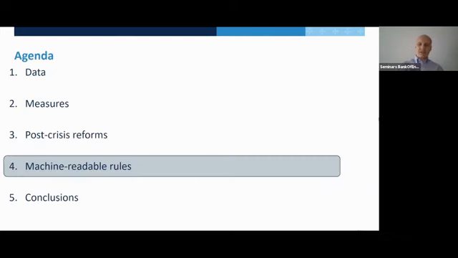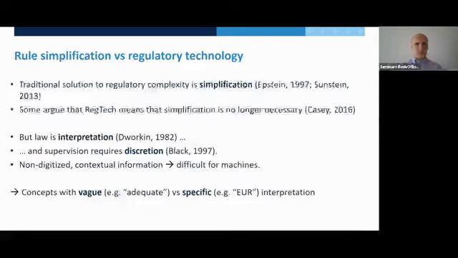So this particular research can help in understanding whether certain rules can be made machine readable. There are quite a few research projects going on around this topic, and also growing interest in the topic of machine readability.